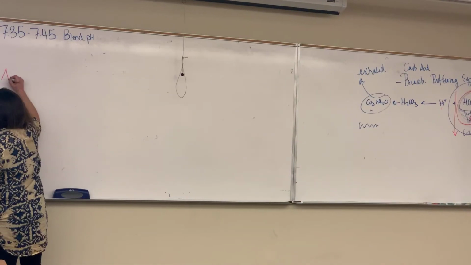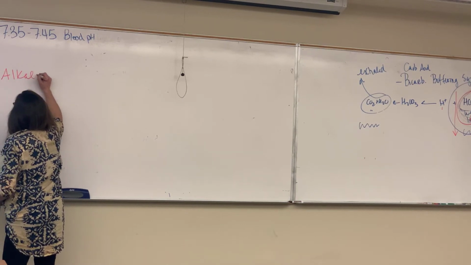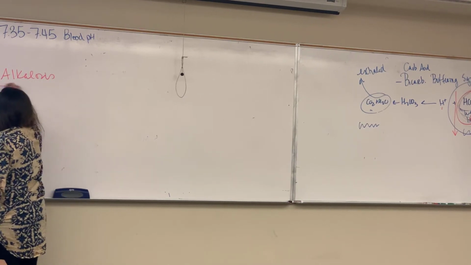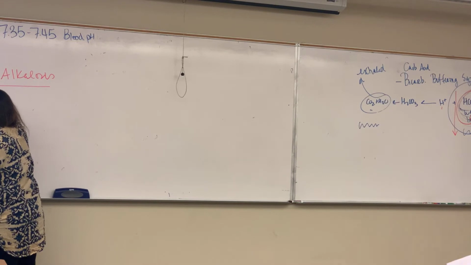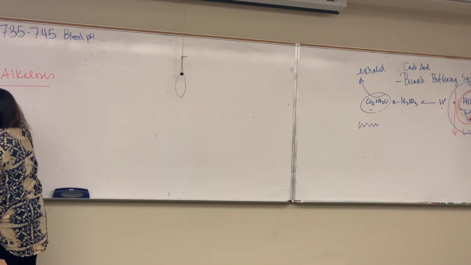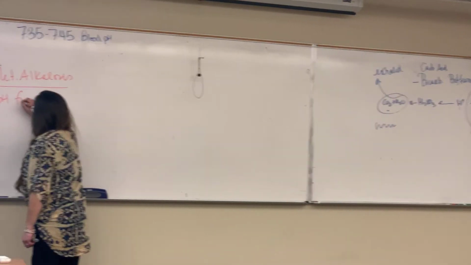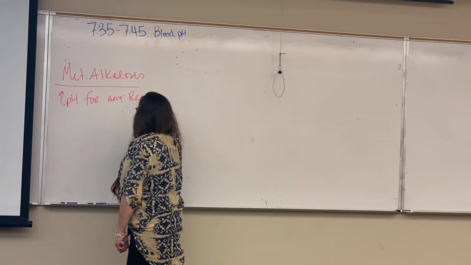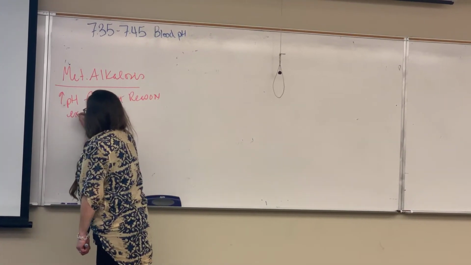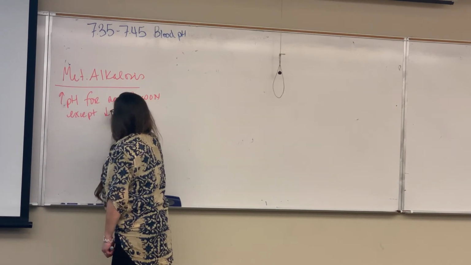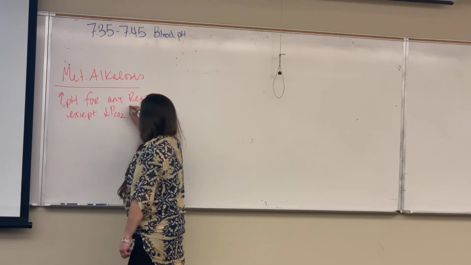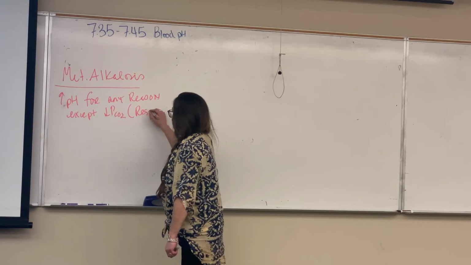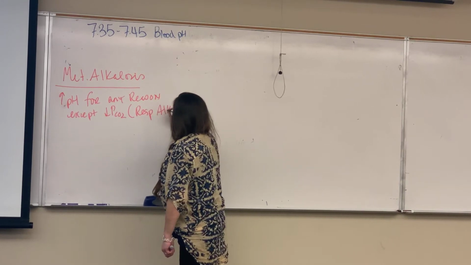For metabolic alkalosis, I say this is when my pH is going to be too high for any reason except a drop in the partial pressure of CO2, because that would be respiratory alkalosis.